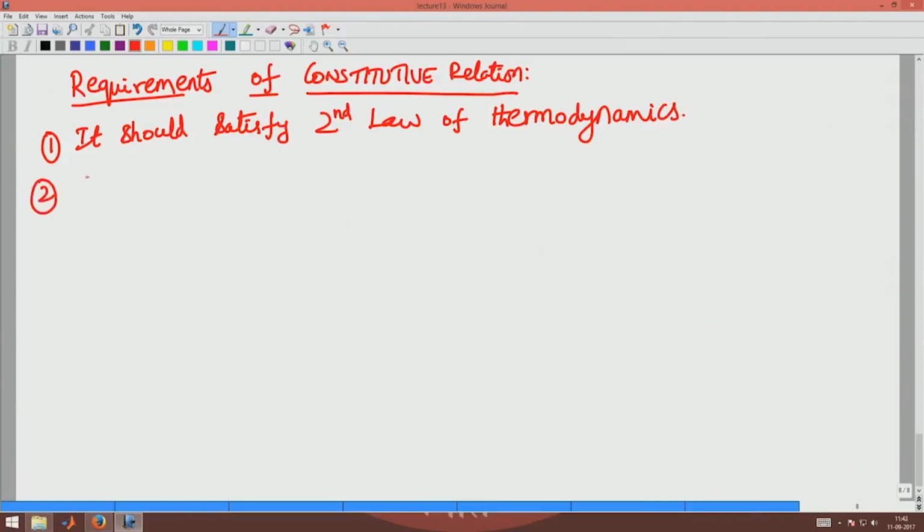Two is it should satisfy the restriction due to objectivity.